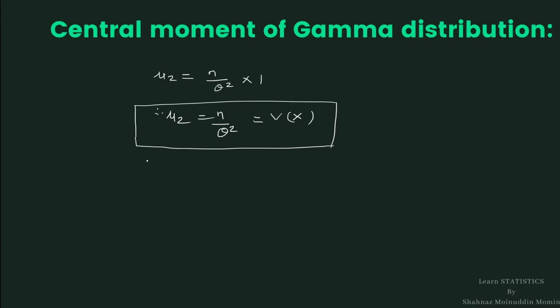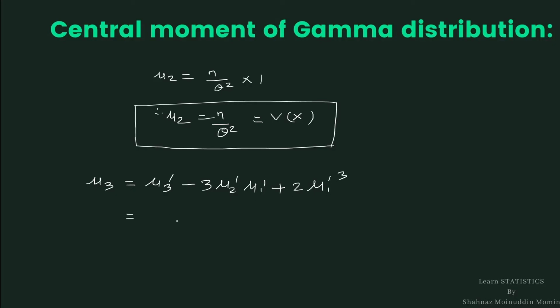Now we shall start with calculating the third central moment by using the third relation between raw and central moment. Mu3 is equal to mu3 dash minus 3 mu2 dash mu1 dash plus twice mu1 dash cube.